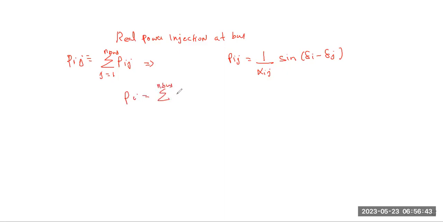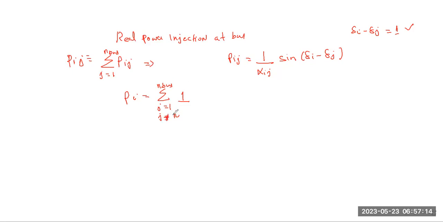If you take the maximum value, taking delta i minus delta j to be equal to 1, in that scenario it would be the sum over n buses, j equal to 1, j not equal to i.